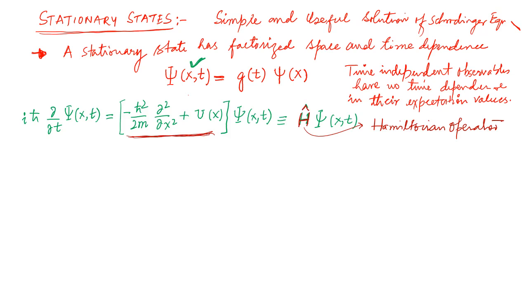Okay, so here one thing you must notice is that in the potential u, there is no time dependence. In great many situations, the potential energy of a particle does not depend on time explicitly. That means the forces acting on the particle don't have any time dependence, and therefore the potential u varies with the position of the particle only.